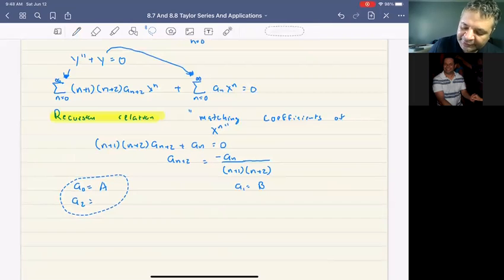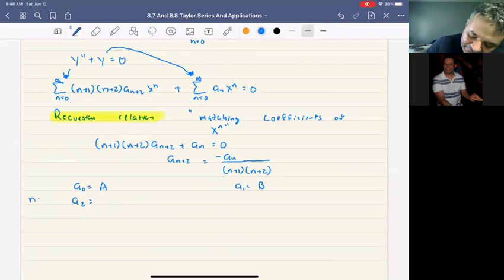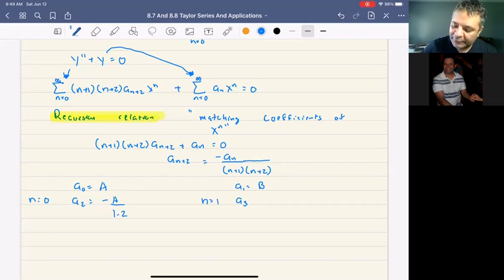If I think about what the n is, it makes it easier. So that's going to be negative a over 1 times 2. The next one is a sub 3. That's n equals 1. That's going to be negative b over 2 times 3.